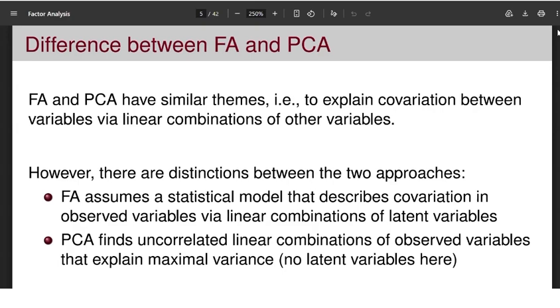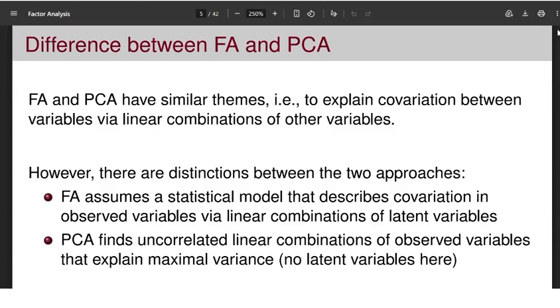What similarity do they actually have? Let me tell you this. The two of them are explaining the covariation, and they do this using a linear combination of variables.